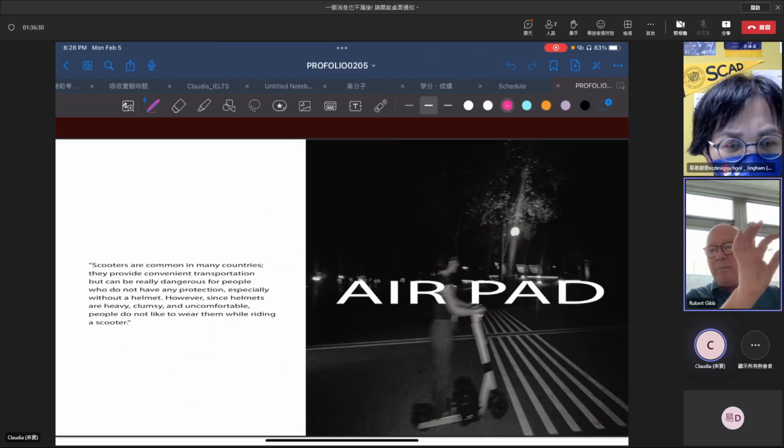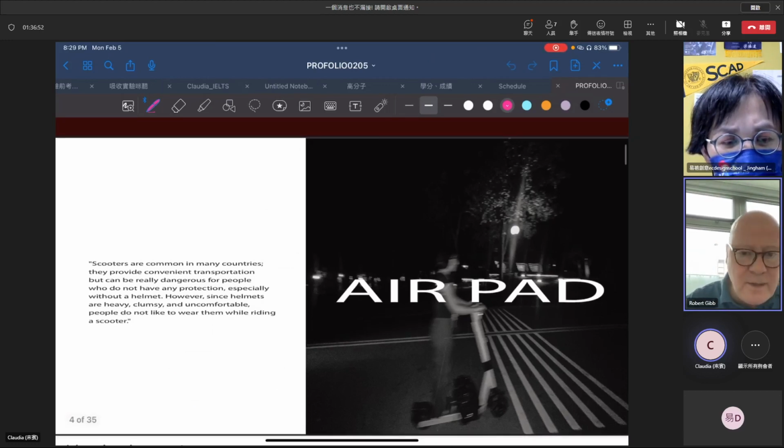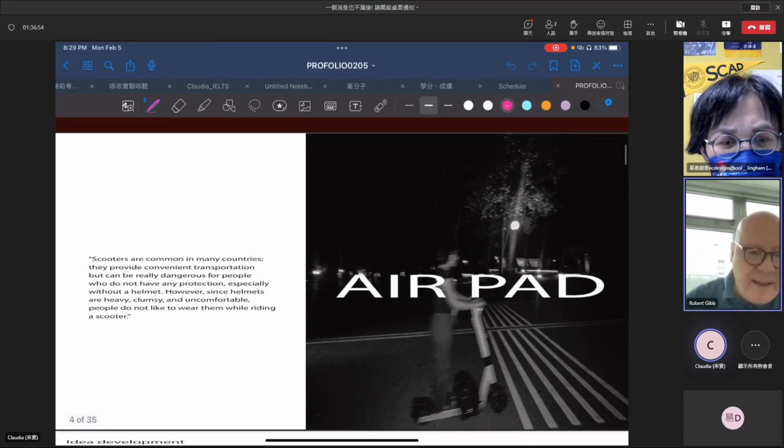This is the problem, here's the solution. So you're saying this is a problem, I have a solution. Then the description: scooters are common in many countries, however, since helmets. So you're saying this is the problem, what's my solution? So that part's okay. Your solution is going to be the AirPad. Yes. Okay. And then the next slide.